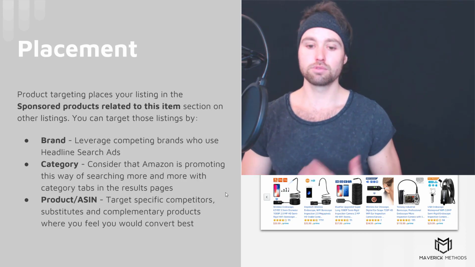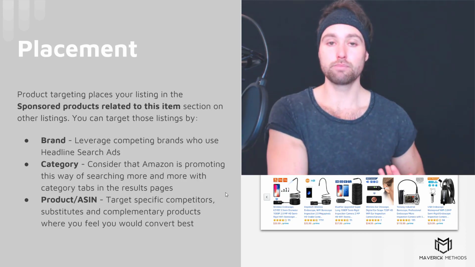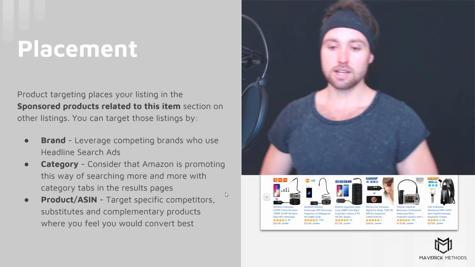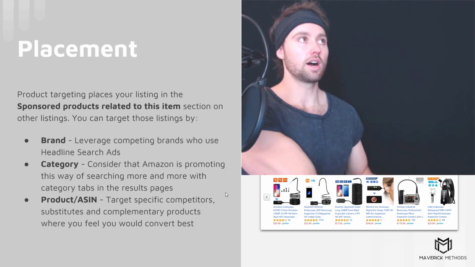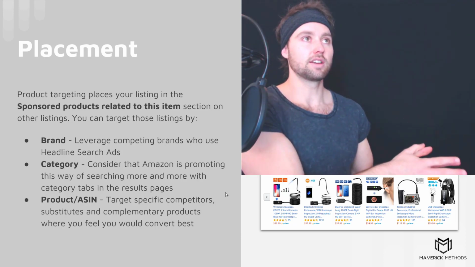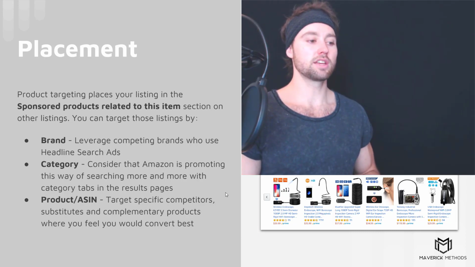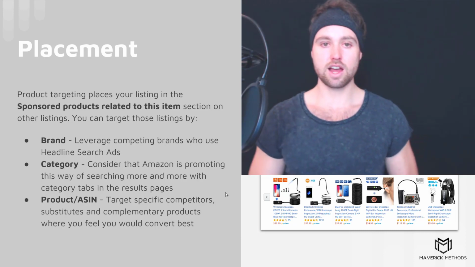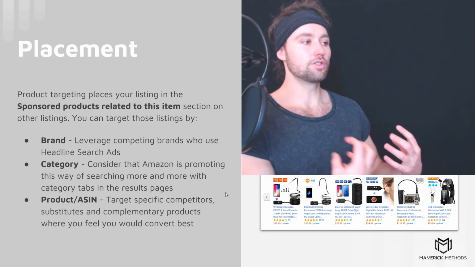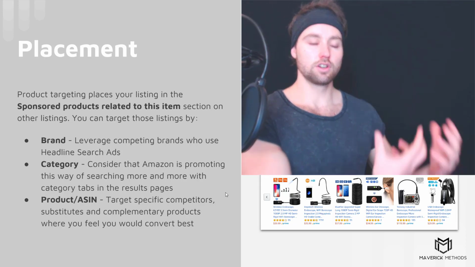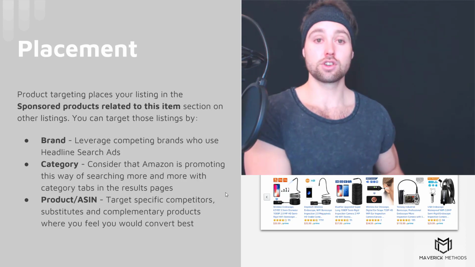I'll give you an example of where it's not your direct competitor. In some cases, you might want to show up on the listing as an accessory item. For example, if we carry on with our example, let's say you sell a smartphone holder for endoscopes.